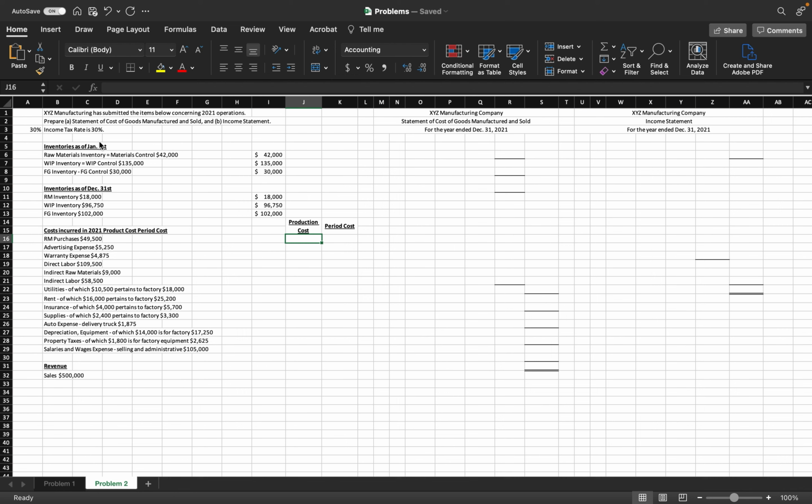Now, as we're going through the costs that were incurred, we need to determine whether they're period cost or production cost. What I do here is I enter the data straight as I'm given in the problem statement, and then I will go back and have Excel do the math for me.